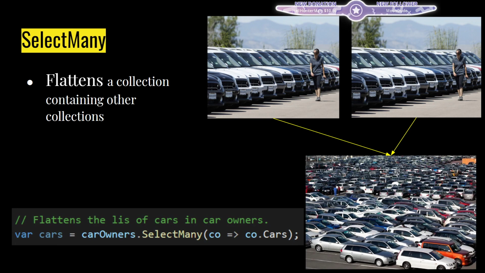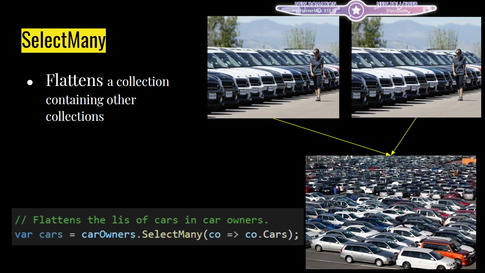SelectMany is actually a very nice LINQ method, and it simply means flatten a collection. So imagine if you have a collection in which there is another collection. So here in this example, we have two pictures. So imagine it's two owners of cars. So we have one owner and another.